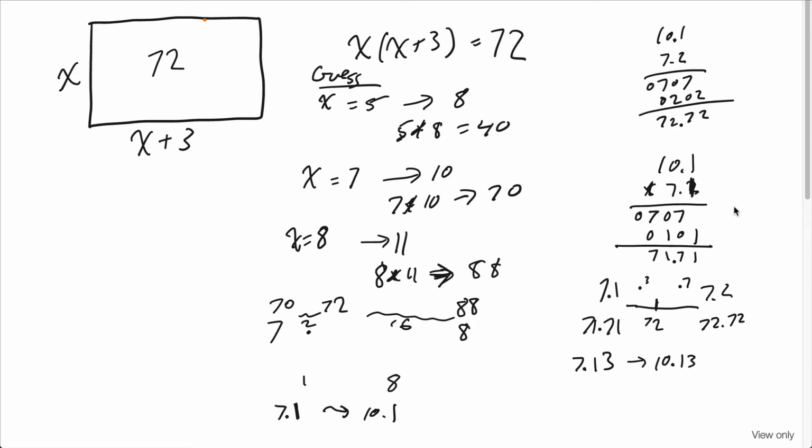But in the interests of time and my sanity, I'll just do that out. So that's 72.23 basically. So that's too much. So 7.12 times 10.12. Oh, interesting.